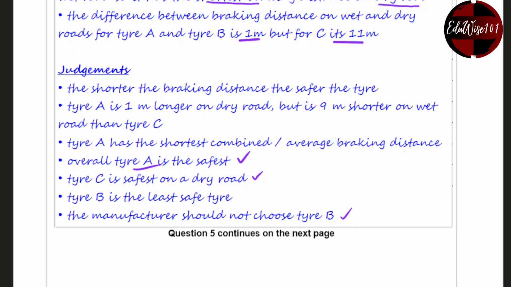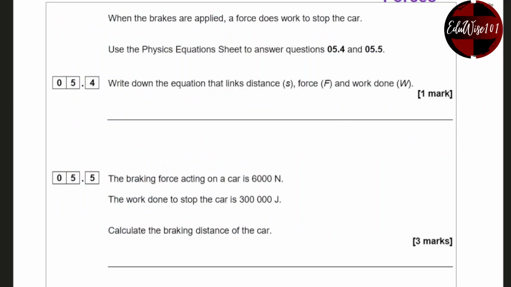Let's have a look at the next part of the question. When the brakes are applied, a force does work to stop the car. Use the physics equation sheet to answer questions 5.4 and 5.5. Write the equation that links distance, force, and work done.